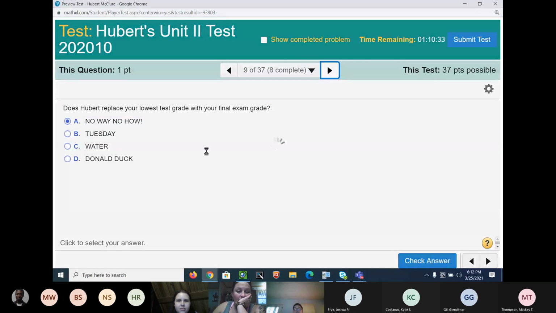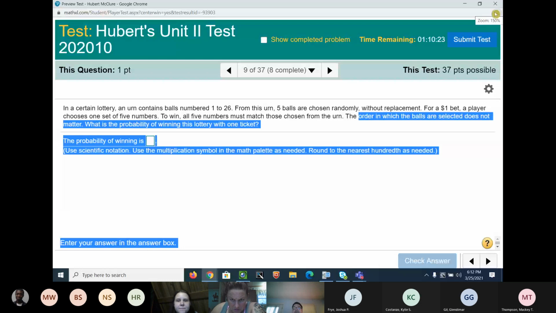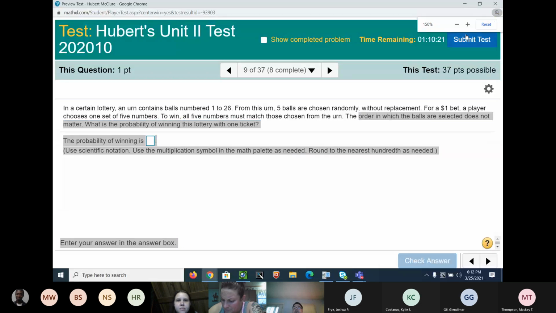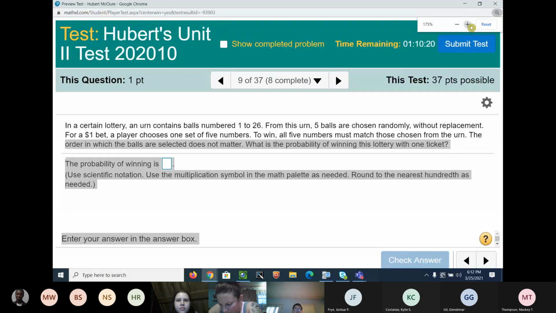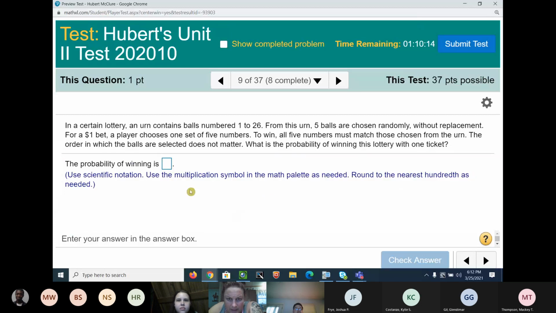All right, here we go. Look at the order. What does the order say? The order does not what? Matter. So that means this is a combination. So you take the highest number, which is 26, 26 combination 5, and put it under $1 because it says that you spend $1.